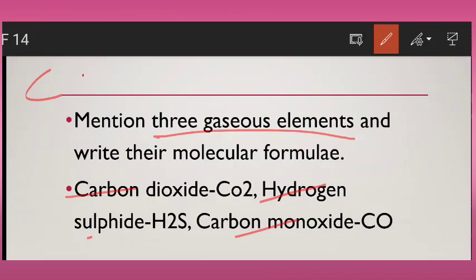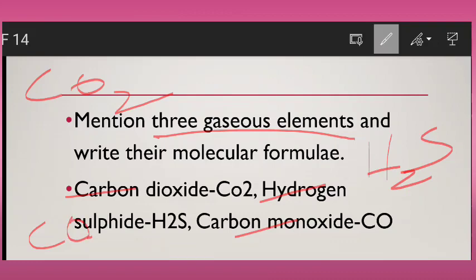We write CO2 like this actually. It becomes difficult to write this way, but when you write in the copy, you write like this. Hydrogen sulfide, you write this way, H2S. Then carbon monoxide, you write CO.